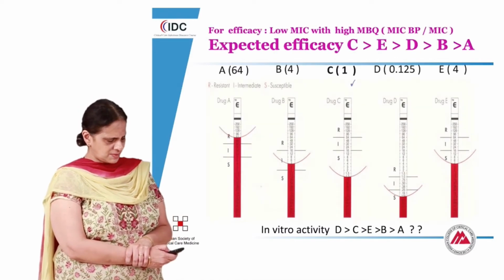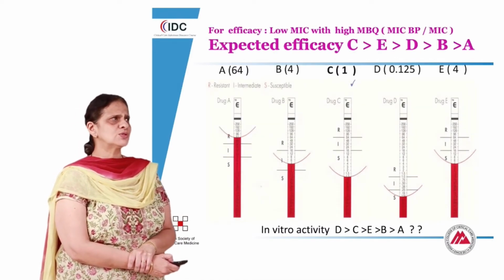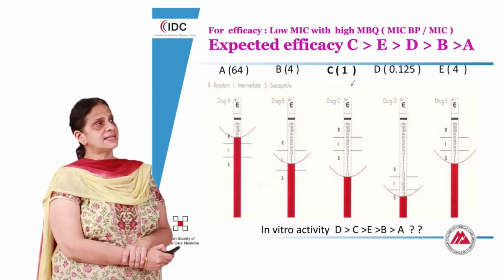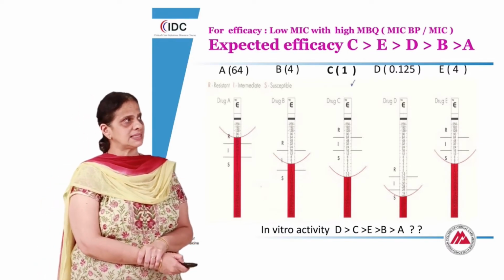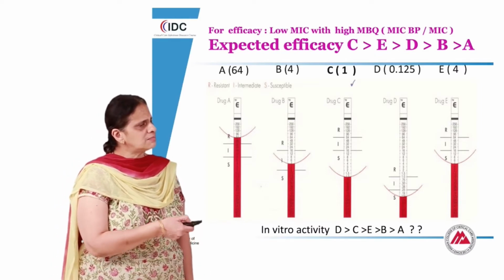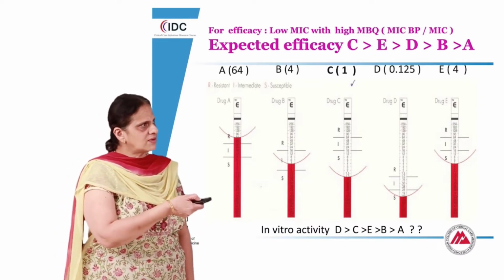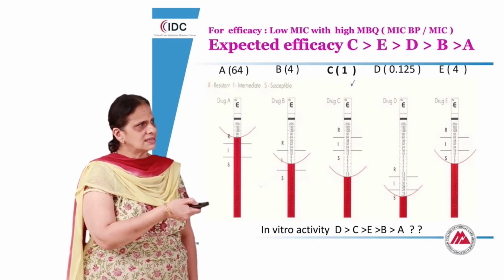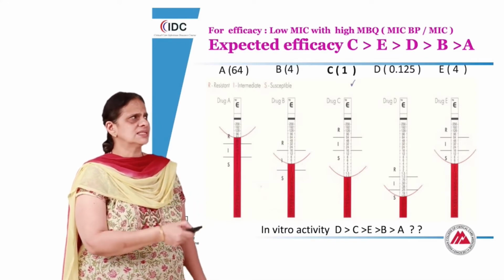But if you look at this formula, which helps to define the expected efficacy, that is the MIC breakpoint over the MIC, you have C. And if you look at this chart, it actually shows you there's a big difference in the susceptible range from the breakpoint, versus D, which has a much smaller difference here.